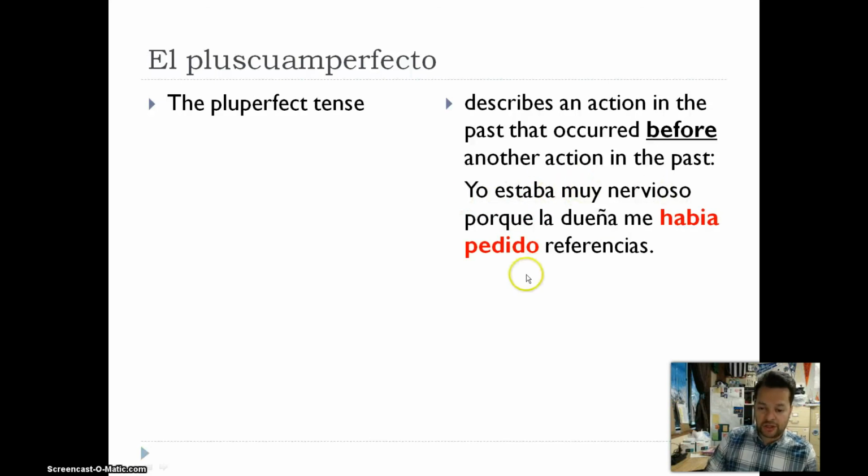Here's another action: La dueña me había pedido referencias. Usually using the Pluperfect Tense, this is the action in red that happened before I was nervous. See, I didn't get nervous until it was the owner who had asked me for my references. Then I got nervous. You see that? So that's more or less the gist of the Pluperfect Tense, okay?